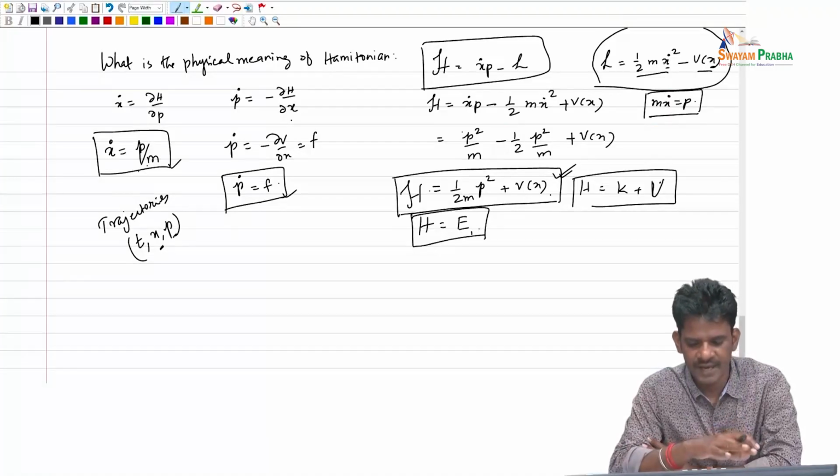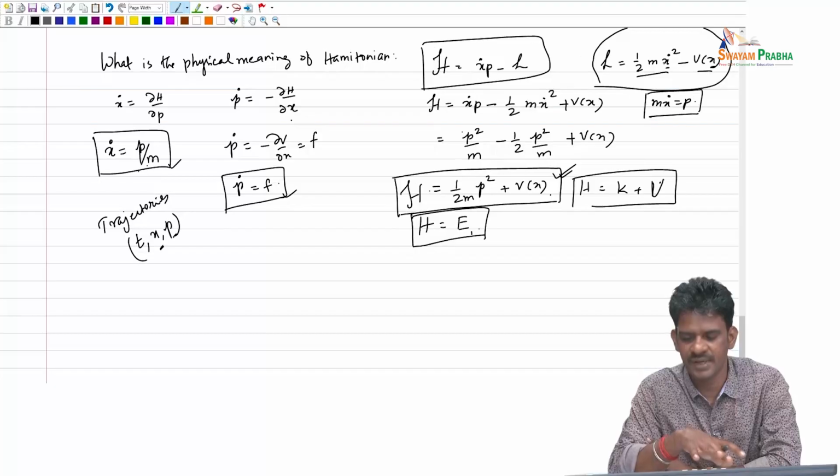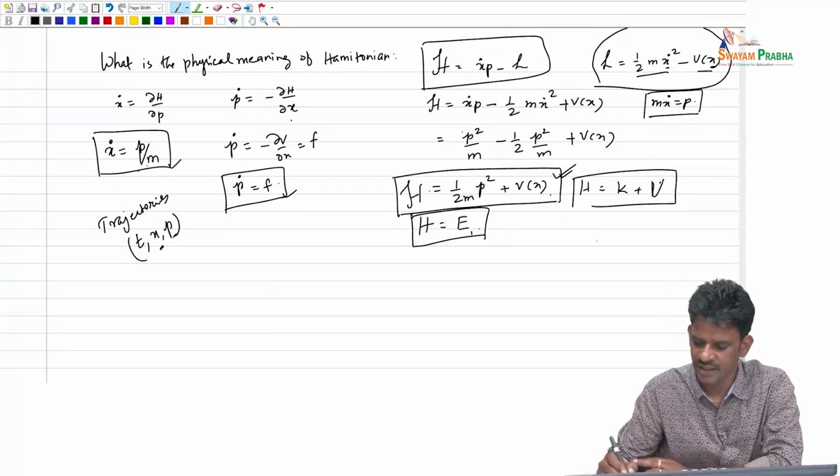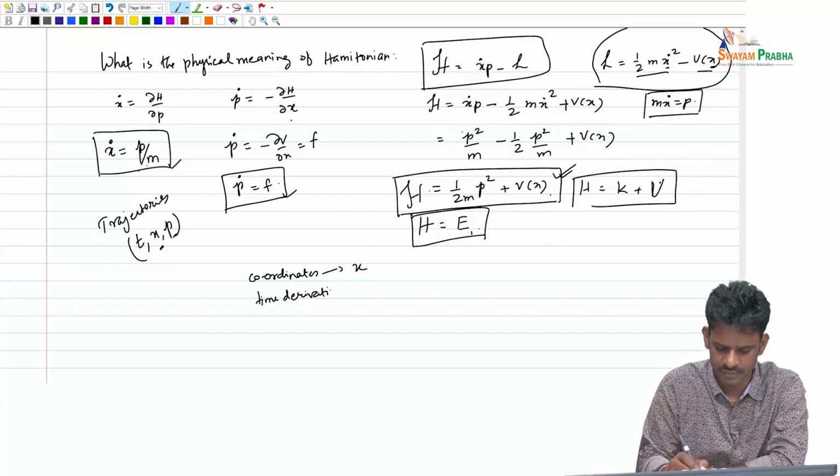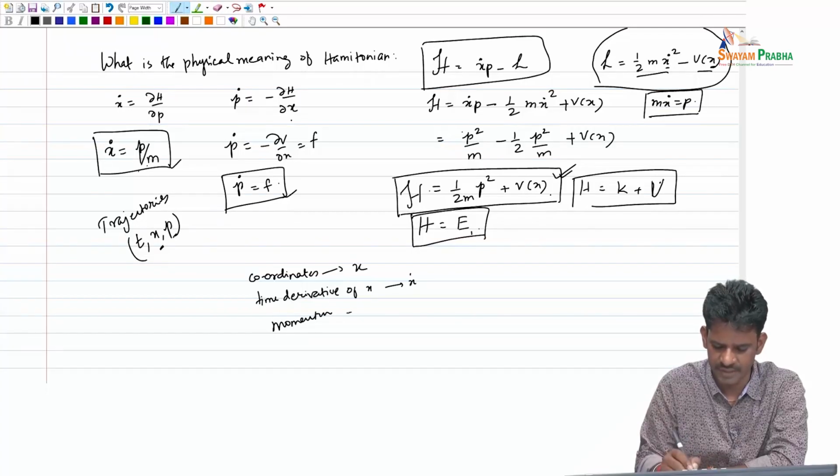So now, having done these things for a one dimensional, single particle system, we are able to write coordinates or positions as x, the time derivative of x as x dot, and the momentum as simply p.